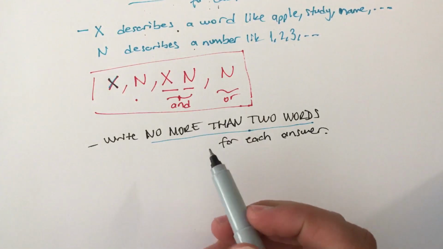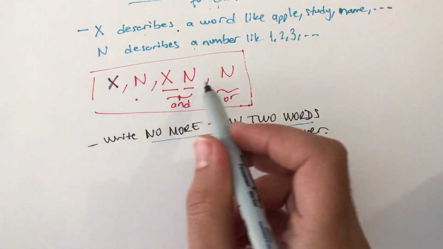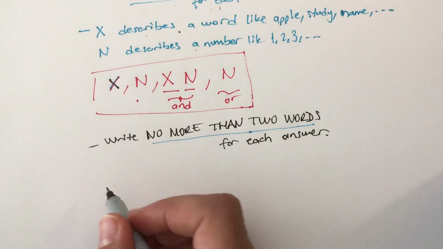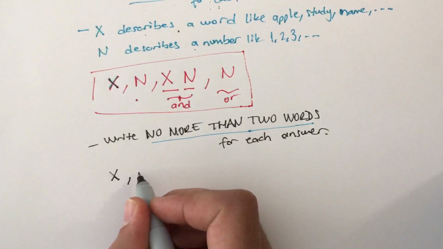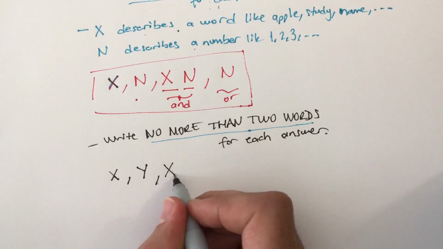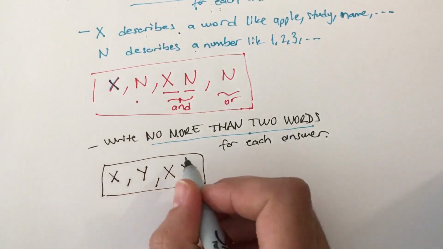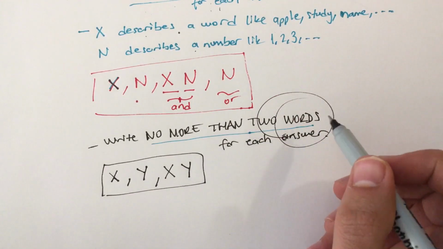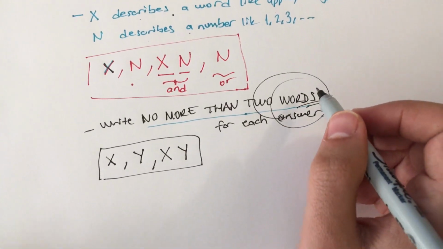Read them carefully. For this instruction, all possible answers, again, let's say X describes a word and Y describes another word. The first one is X, the other one is Y. No more than 2 words, X and Y together. That's it. So in this case, we shouldn't write a number because the instruction is telling you to write only words, not a number. Be careful.